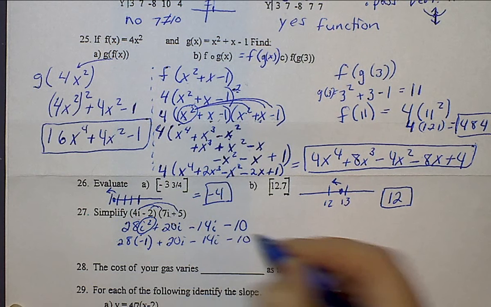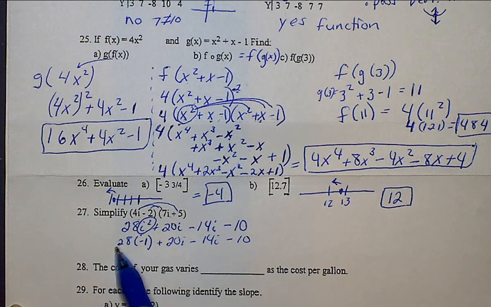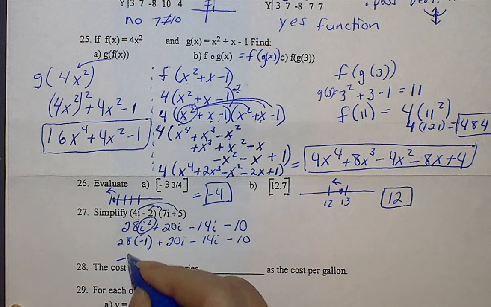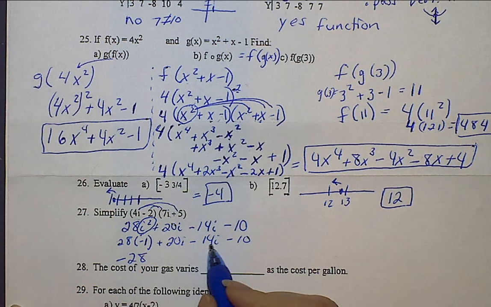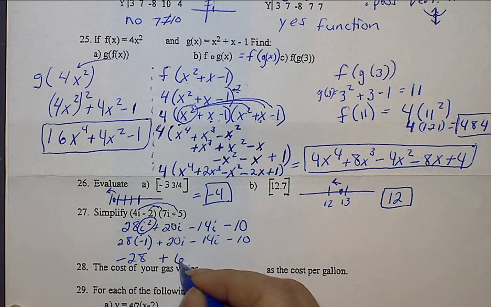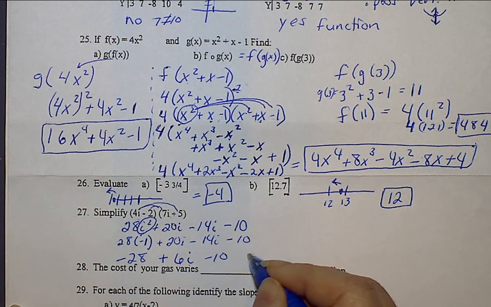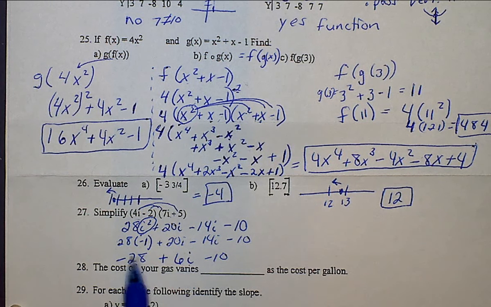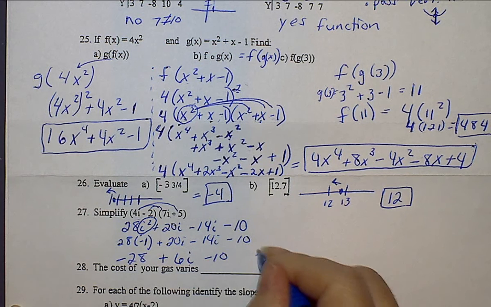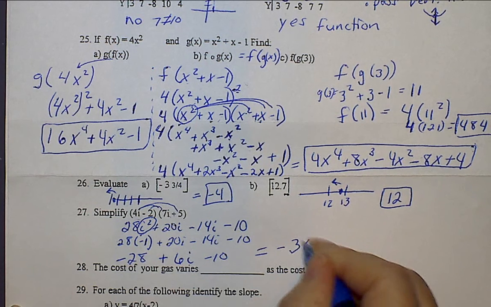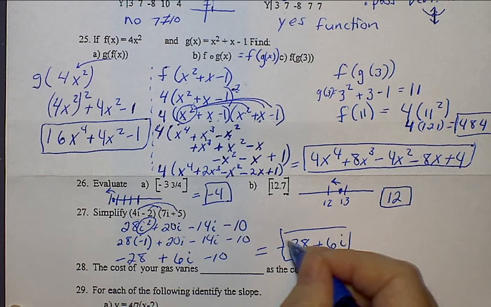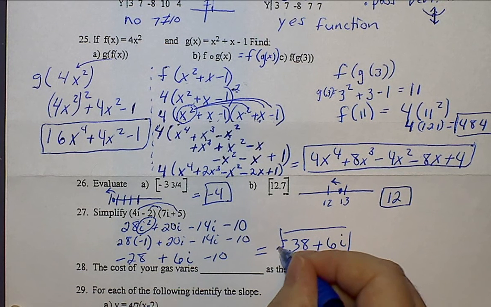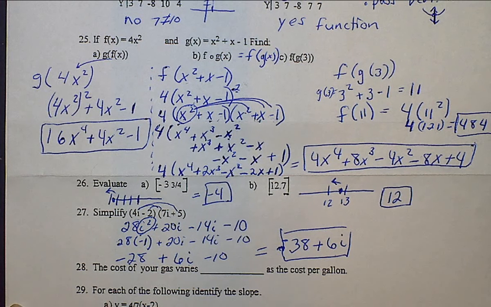So I have -28, and then we have 20 and 14 i's, so that means we have 6i minus 10, and then last we'll just combine the 28 and the 10. It gives me -38 plus 6i. I put that negative on the outside. Alright, here we go. 28.